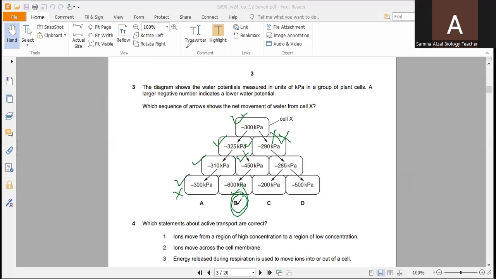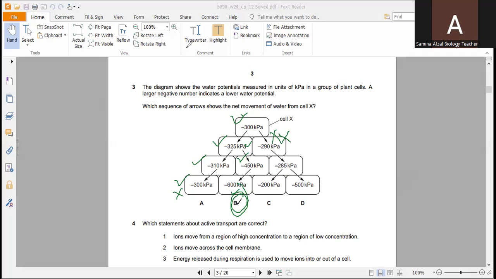And when we are talking about the other routes, they are totally wrong, as the water is not moving in these directions, because minus 325 is lower, so water moves here.